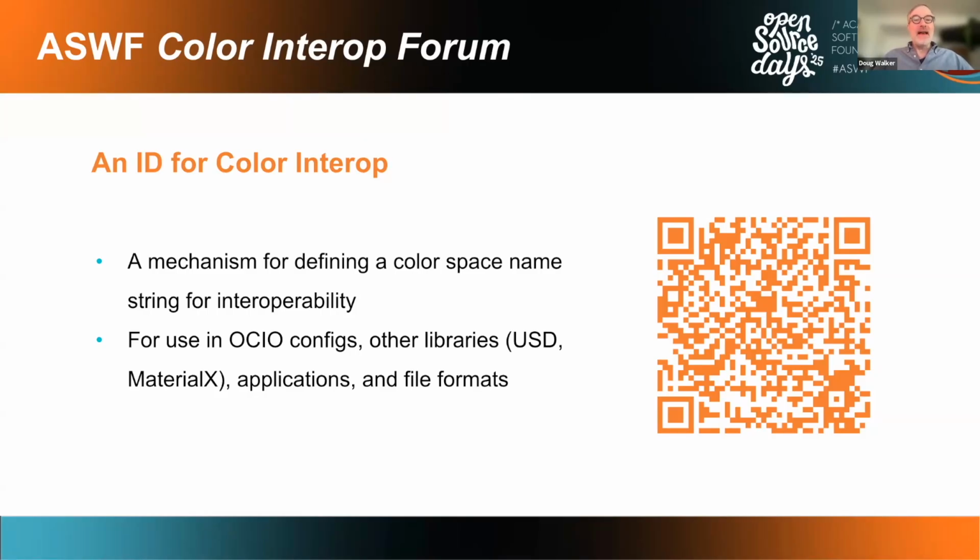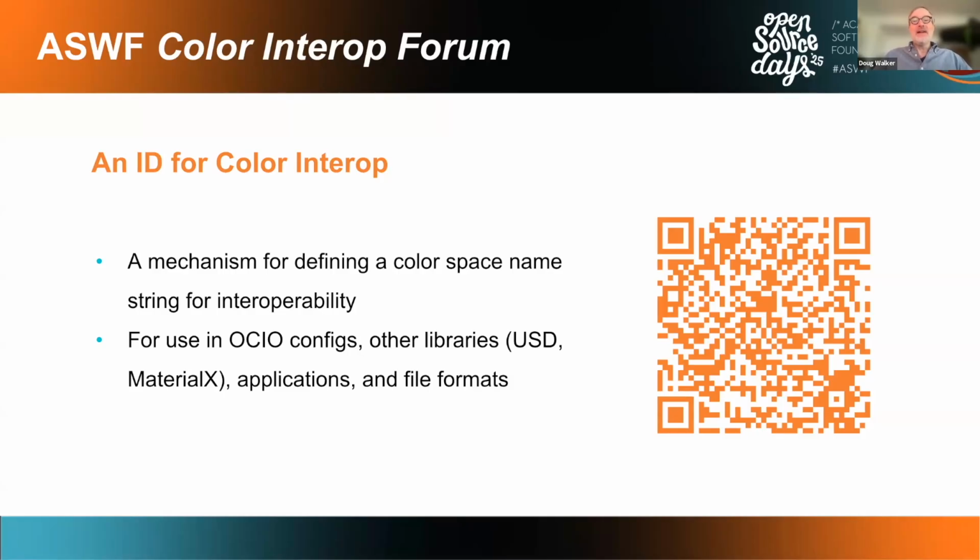And this is something that OCIO obviously already uses a lot of. But we didn't want to just make it an OCIO color space name, because one of the things about OCIO is it's really, really flexible, and the color scientist at a facility has total freedom to name color spaces in a way that they think will be most meaningful and least error prone for the artists at their studio.